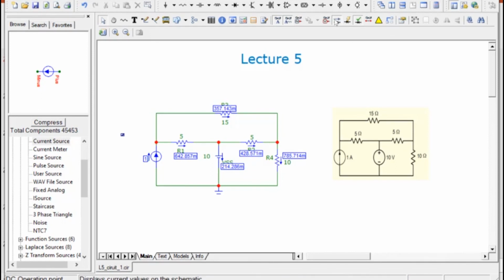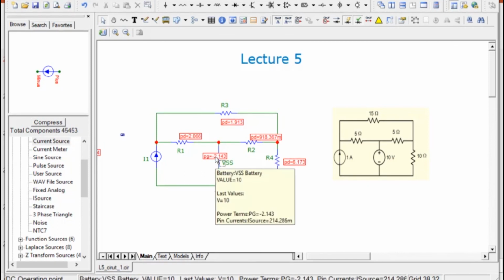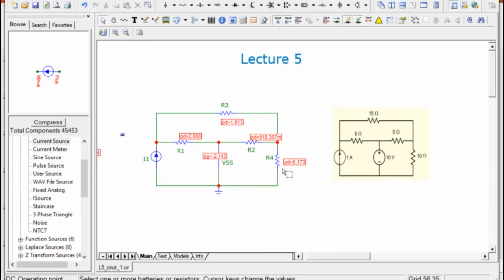And if you're looking for, let's say, power, it gives you power dissipated in this resistor, in this resistor, in this resistor, and here. And this is a voltage source, so the power generated is negative here. If you're looking for voltages, currents, power and a lot more, you can readily make circuits in a simulator, and it is using a method, I don't know exactly which one, but similar to the nodal or the mesh, to generate a set of equations and solve them to give all the answers that you're looking for.